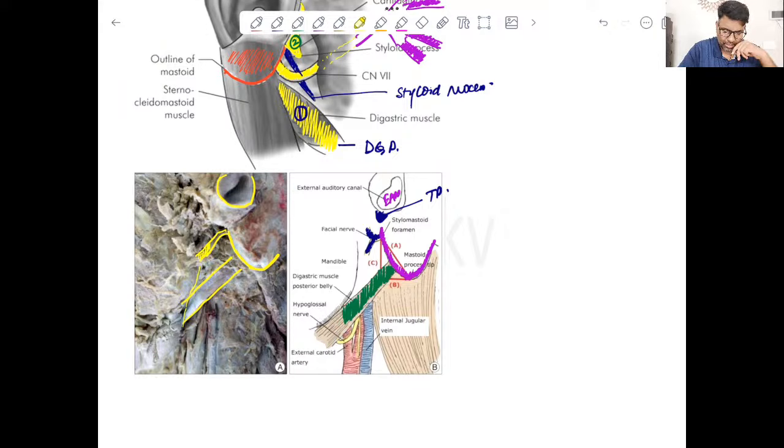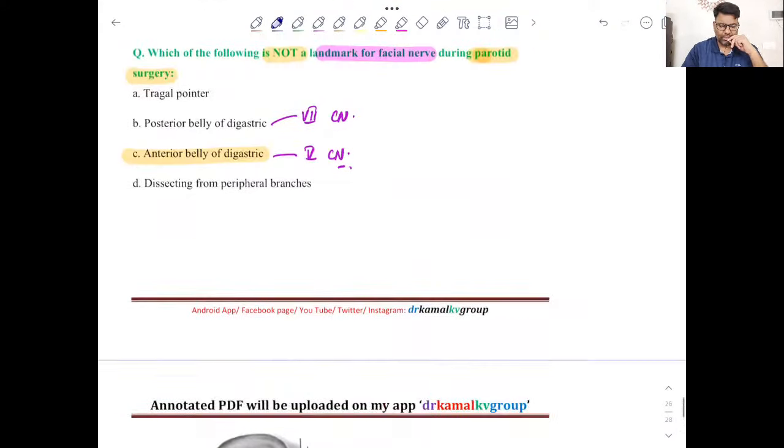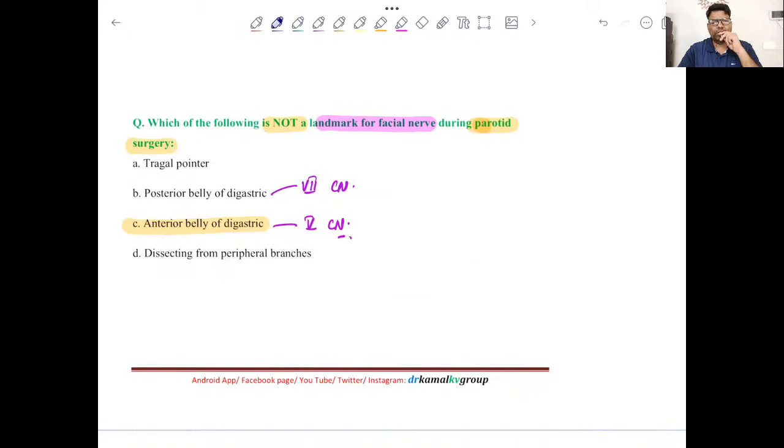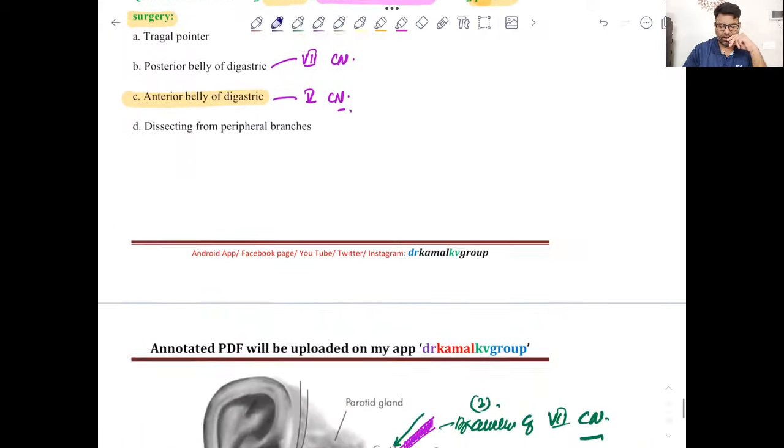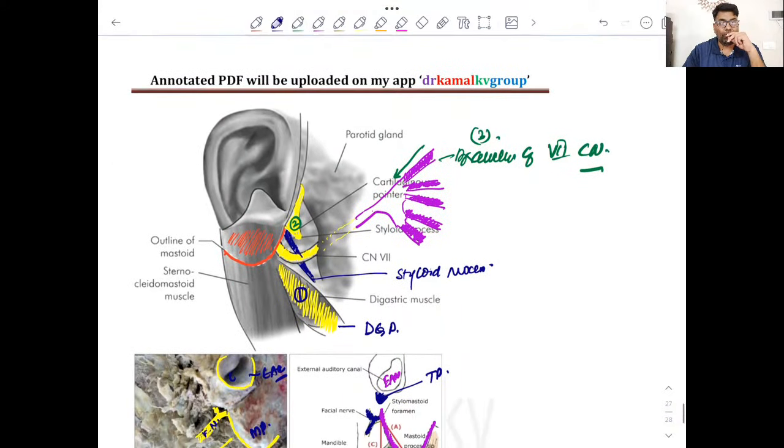Clear? So this is the digastric muscle, this is the mastoid process, this is the external auditory canal, this is the facial nerve. Okay, so this is how you can understand. These are the surgical landmarks which help us in locating the facial nerve or its branches, right? So this is very important if we are operating somewhere around the area of the parotid gland.